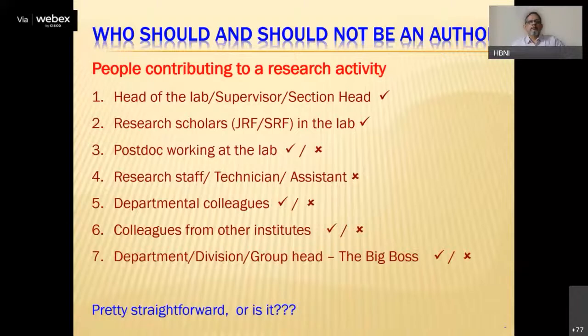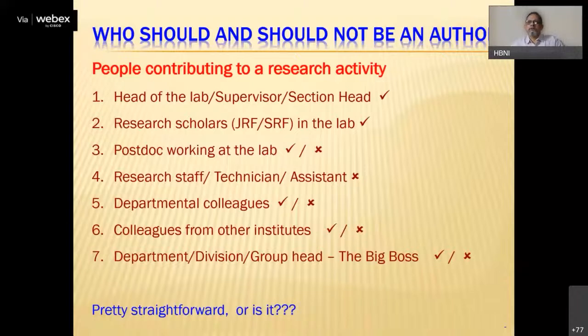You may also find postdoctoral fellows working at the laboratory. Sometimes they are not there. So what do you mean by postdoctoral fellow? That means the person has already completed his PhD and is working on some advanced research topic in that laboratory.